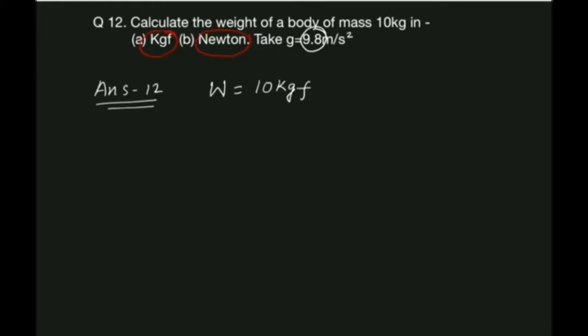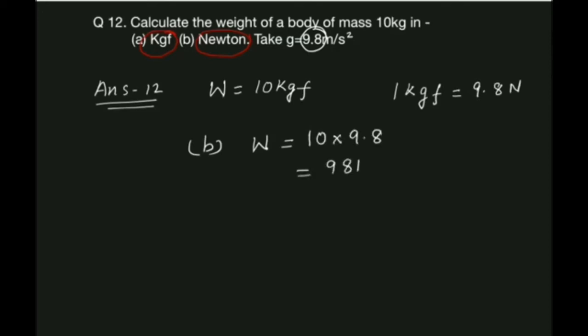So 1 kilogram force is equal to 9.8 Newton. So similarly in part B I will write W equals 10 kilogram force from the first part, so 10 into 9.8 comes to 98 Newton. This result you have to keep in your mind, that 1 kilogram force is equal to 9.8 Newton.